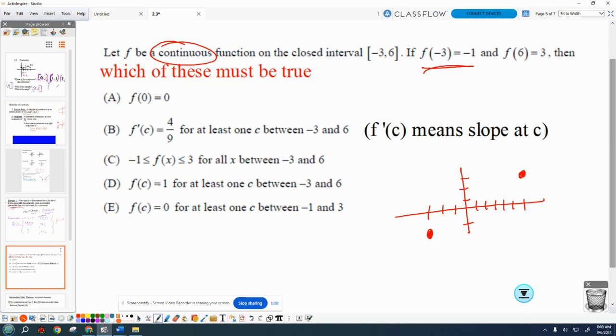So I have to connect the dots without picking up my finger because that's what continuous means. I could do that. So is it A? Does it have to go through 0, 0? No. So it's not A.